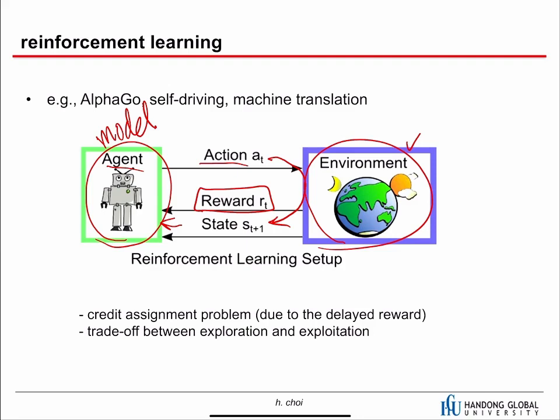When it is not correct, it says, actually, the answer is D, or like that. But if it is reinforcement learning, it's a little different. When I make a prediction, like, oh, the answer would be B, then we don't get the label, but instead we get a reward, like, oh, that is a good choice, or oh, that is a bad choice.